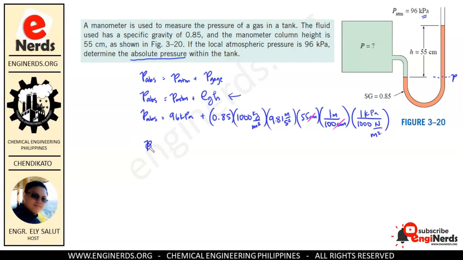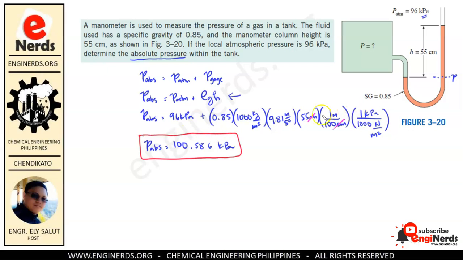So therefore, our absolute pressure is equal to 96 kilopascal plus 0.85 times 1000 times 9.81 times 55 divided by 100, and again divided by 1000, which is equal to 100.586 kilopascal. So this is our final answer for this problem.